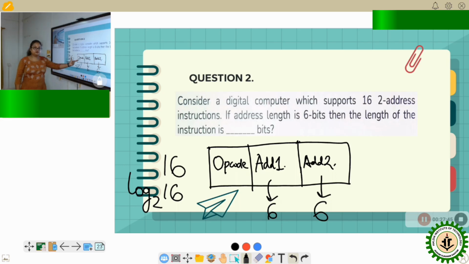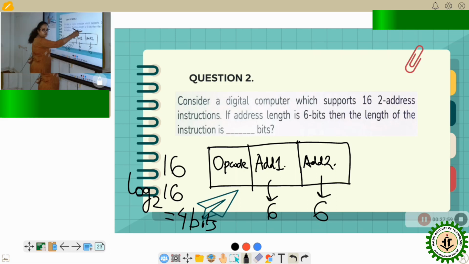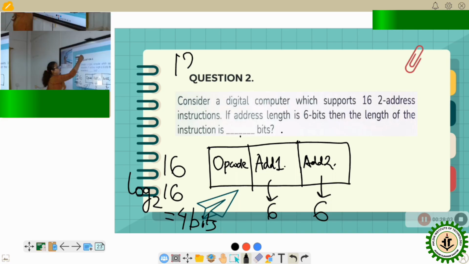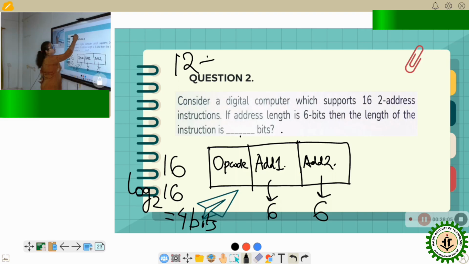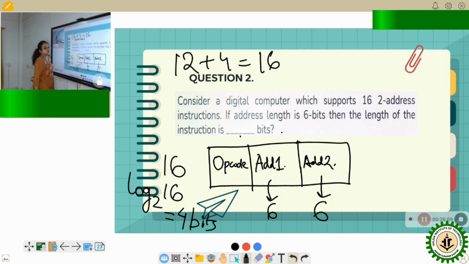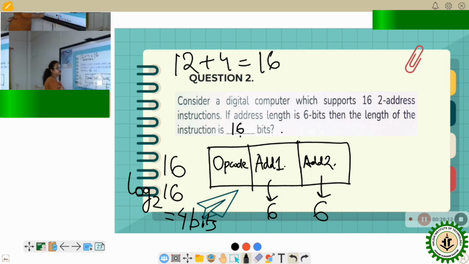Log 2 of 16 gives 4 bits, so the opcode is 4 bits. The total instruction length will be 6 plus 6, 12, and 12 plus 4, 16. So the answer will be 16 bits.